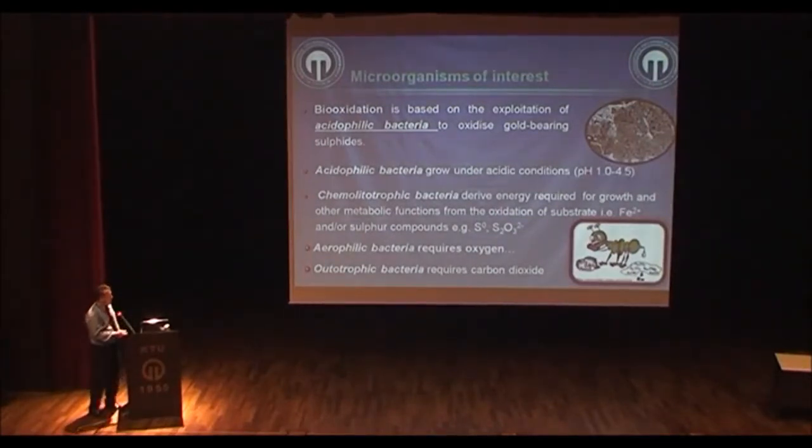These are chemolithotrophic bacteria, which means they derive the energy required for their growth and other metabolic functions from the oxidation of substrates like ferrous iron, elemental sulfur, and reduced sulfur compounds, which is the main property of these microorganisms that we utilize in bio-oxidation. They are aerophilic, which means they require oxygen, and autotrophic, which means they fix carbon dioxide from the atmosphere.